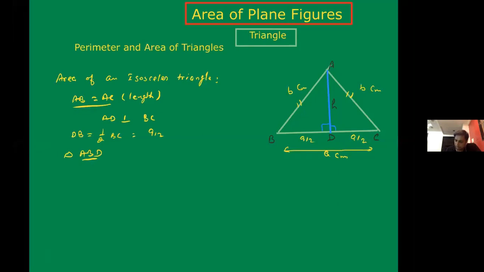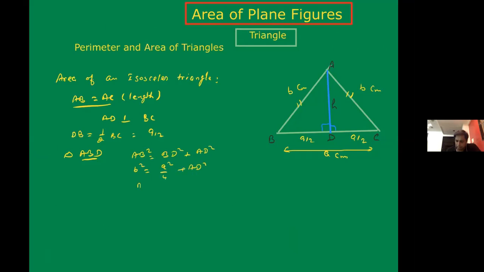In this right angle triangle ABD, we can find out AD, because we know AB is the hypotenuse and we know BD equals A by 2. By the Pythagoras theorem, AB square equals BD square plus AD square. So AB square is B square, equal to BD square, which is (A by 2) whole square, A square by 4, plus AD square.